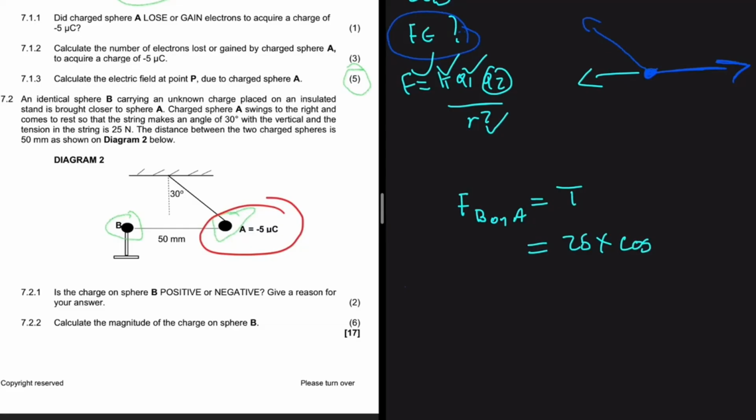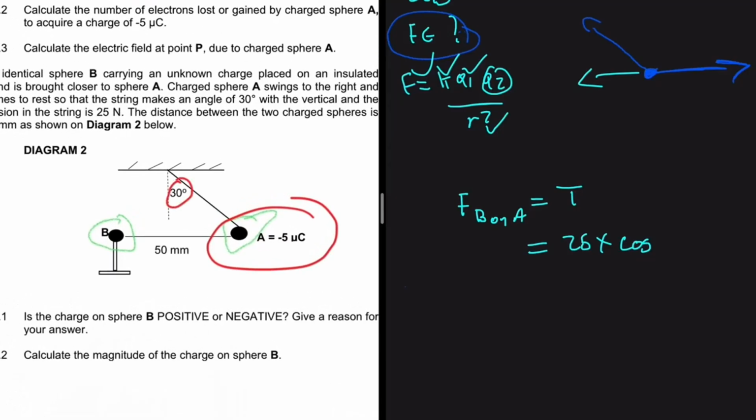The angle you use is not this 30 degrees. You use the angle between the force and the x component. Since this angle here is 30, this angle here will be 90, and the angle we're supposed to use is this 60 degrees here. So now we can say cos of 60 degrees.